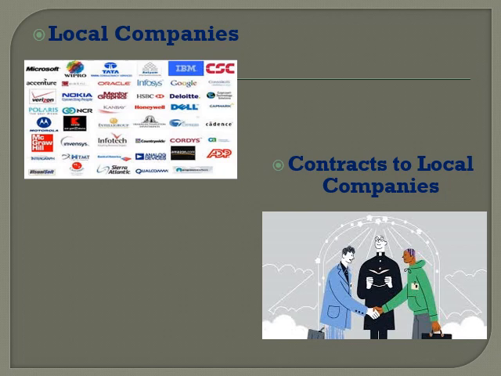Definitely students, foreign direct investment, joint ventures, local companies and contracts to local companies. These four ways cause the interlinking of production across countries. Definitely students, these multinational companies play an important role in the world economy. Students, the given picture depicts a message about local as well as foreign companies and contracts to local companies also.